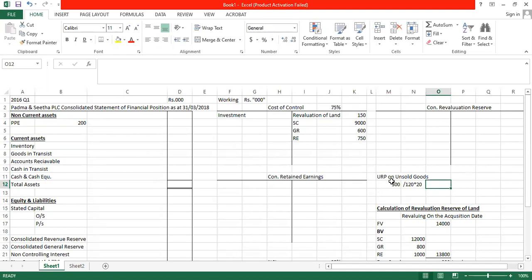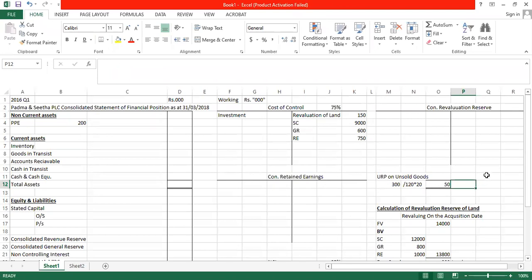If you divide 300 by 120 and multiply by 20, you get the answer. It's 50. 50 is the answer. This is the unrealized profit on the inventory.